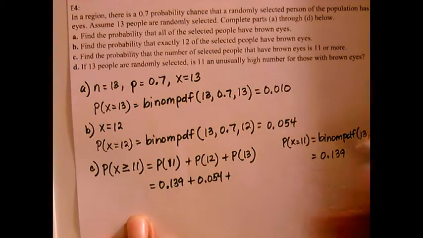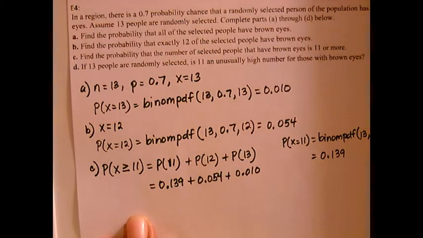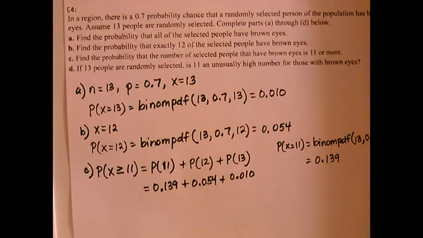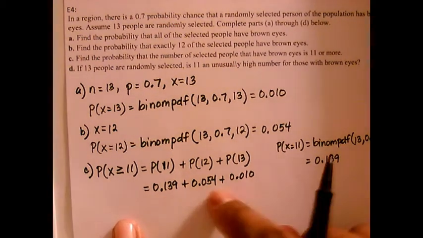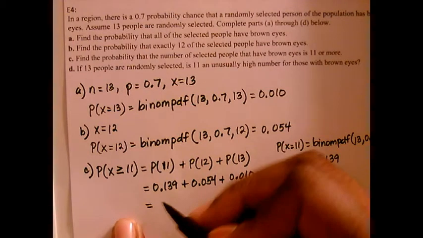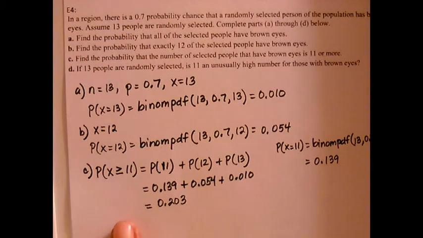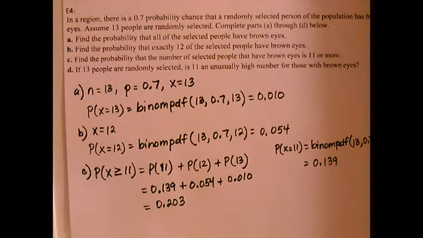And the probability of getting exactly 13 was 0.010. I'm getting these from the answers of parts A and B. So if we add these numbers together, you should get 0.203. So the probability that the number of selected people that have brown eyes is 11 or more will be 0.203.